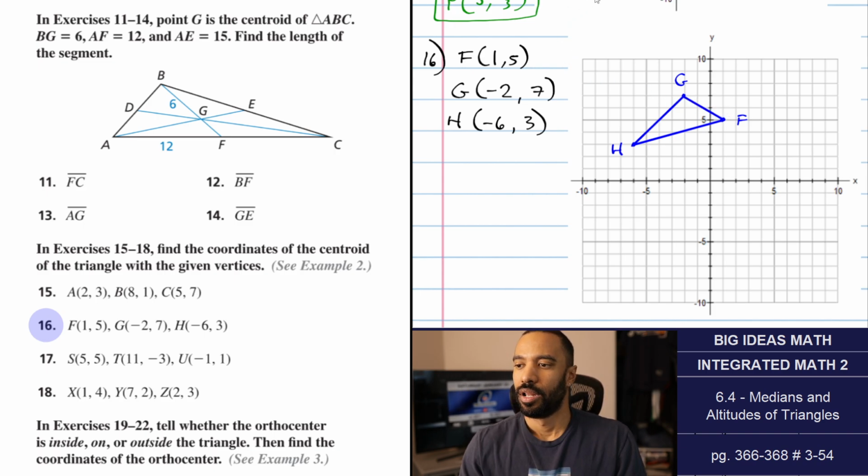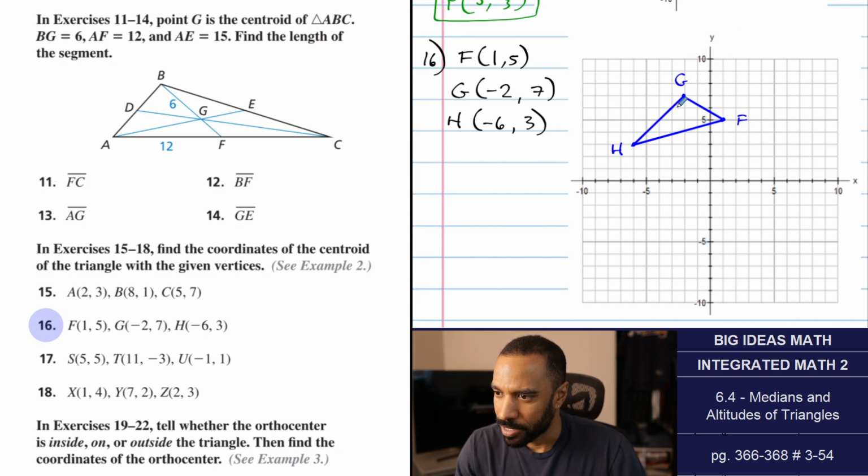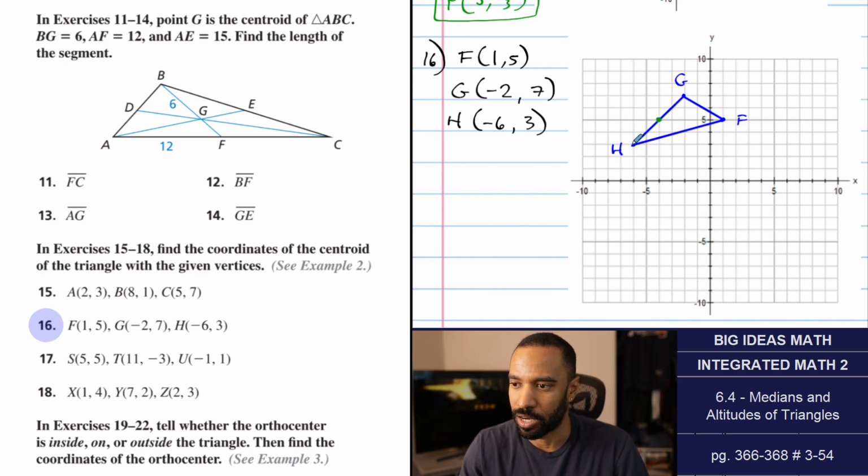Okay. Let's find a midpoint. I like to hunt for which looks like the best, most integer-like midpoint. I think it's going to be this one right here, and that's going to be nice because it'll be a horizontal line. I can count those distances. I'm really seeking those. So I'm going to find the midpoint of segment GH. I believe it's right here. If you count, we go rise 1, 2, 3, 4, run 1, 2, 3, 4. So half is up 2, over 2.